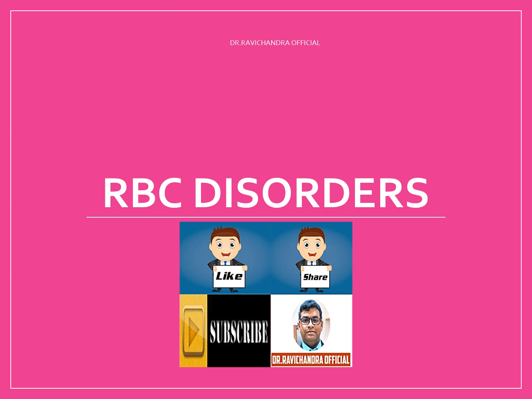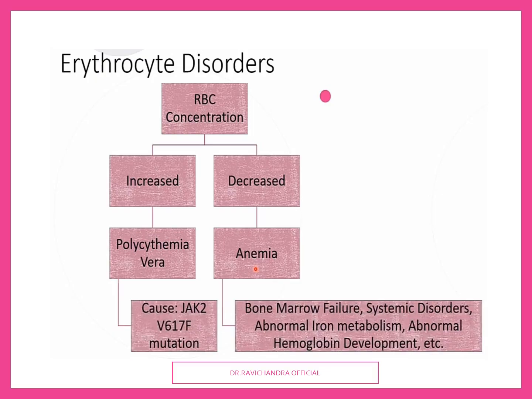Today we will discuss an important topic in hematology, that is RBC disorders. RBC disorders or erythrocyte disorders are based on RBC concentration, whether it is increased or decreased. If it is decreased, the condition is called anemia.